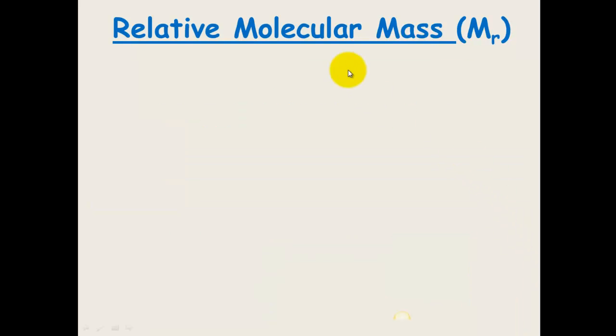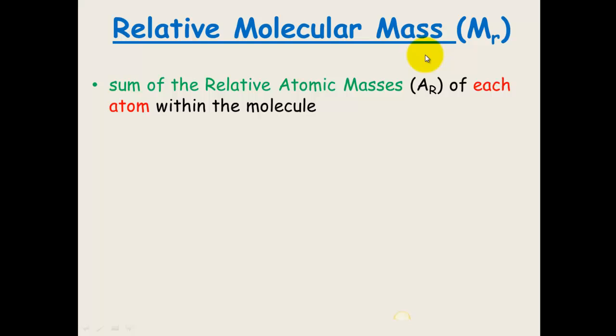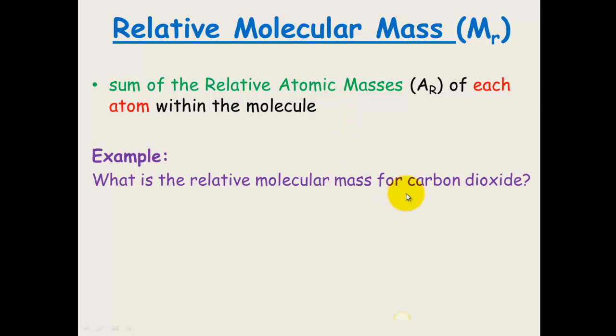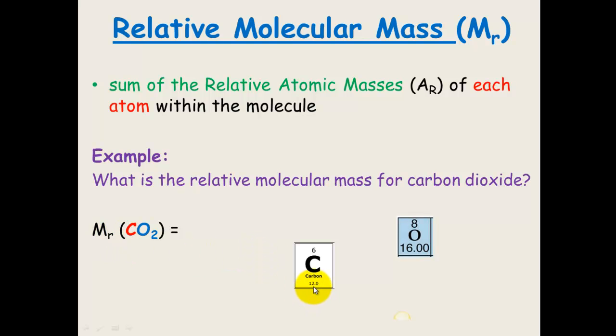Relative molecular mass is simply the sum of the relative atomic masses of each atom in that molecule. So let's look at an example of carbon dioxide. Carbon dioxide is made up of 1 carbon atom and 2 oxygen atoms. To find the relative molecular mass of this compound, all we need to do is look at the mass number of carbon and the mass number of oxygen, because that will give the relative atomic masses.